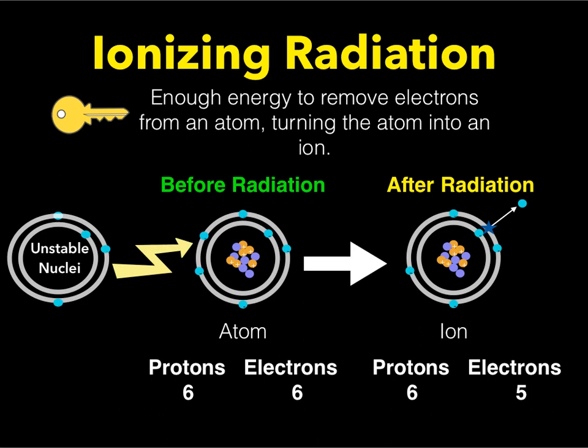These particles are going to be shot out and hit another atom right next to it, taking one of these electrons and just pulling it away. So before radiation, this is what happens to that atom. After the radiation, you can see that because this electron is being emitted, this atom turns into an ion. Therefore, it's going to have uneven numbers of protons and electrons, and ultimately, it's going to have a charge.